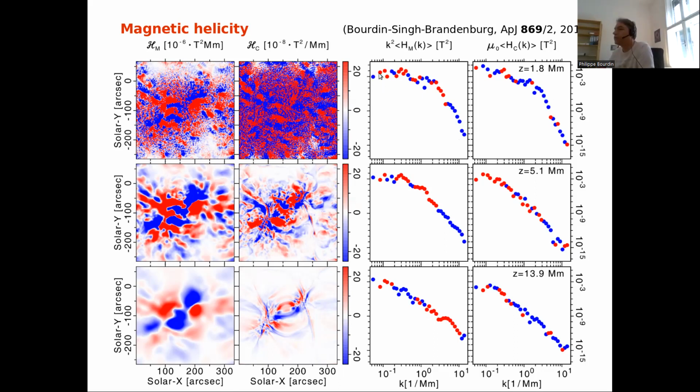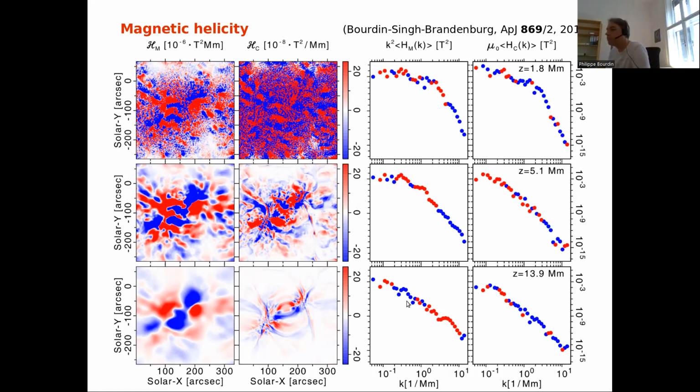For the large scales, we have, for example, blue handedness or negative helicity, and near the sign reversal, that is still the case. But if we go above the sign reversal height, then all these large scales are actually red, except some few dots maybe. So you clearly see the sign reversal is present on large spatial scales.